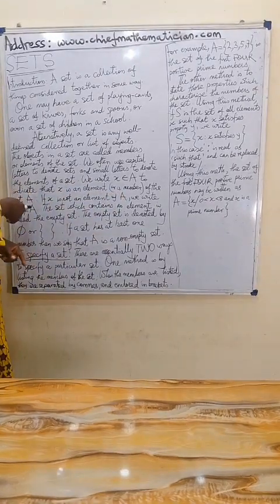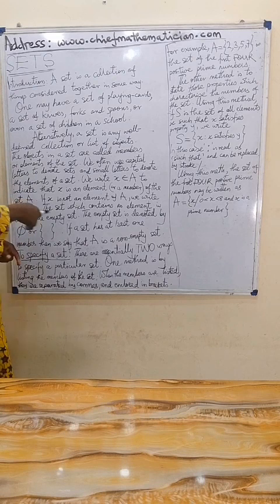You can see the sign of element cancelled shows that X is not an element of A.